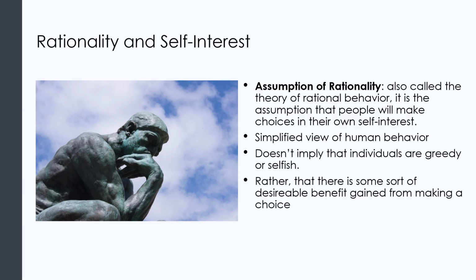And what the assumption of rationality says is that people will make choices that are in their own best self-interest, and that humans are able to know and deduce what's in their best interest. This does not mean that we're saying that people are going to make decisions greedily or selfishly, but that in their assessment of their world, there's some sort of desirable benefit gained from making a choice. So let's look at some examples.